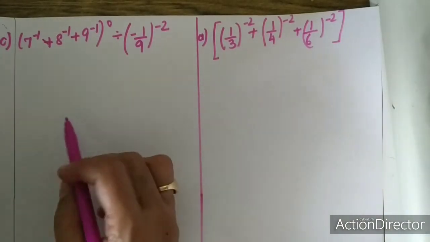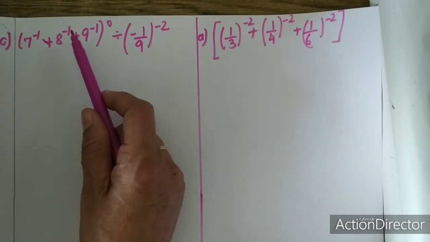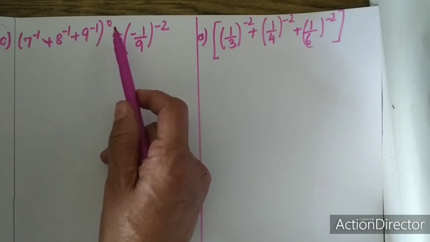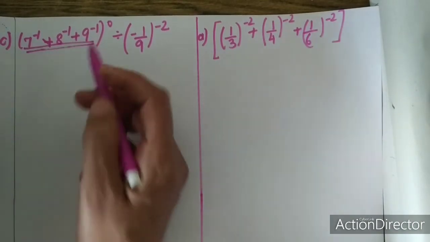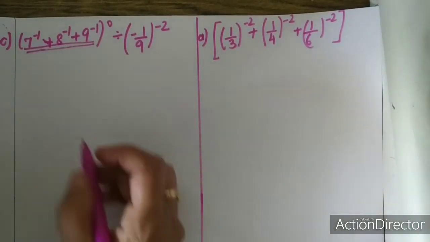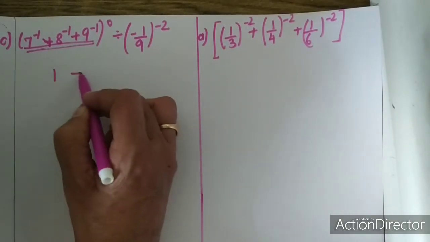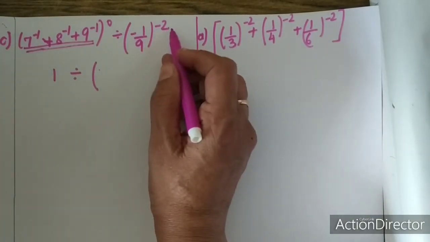Moving on to the next example of evaluate. (7 power minus 1 plus 8 power minus 1 plus 9 power minus 1) whole power 0. Since this is an expression, any expression raised to the power of 0 is equal to 1. So I can directly write the answer as 1 divided by (minus 1) raised to the power of minus 2.